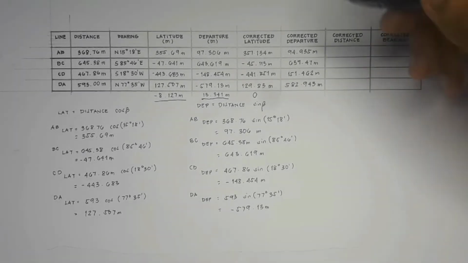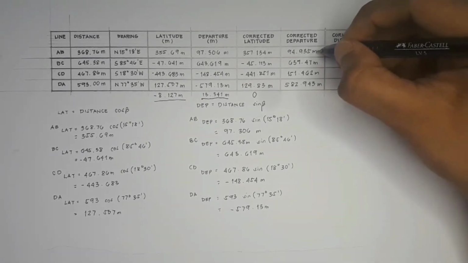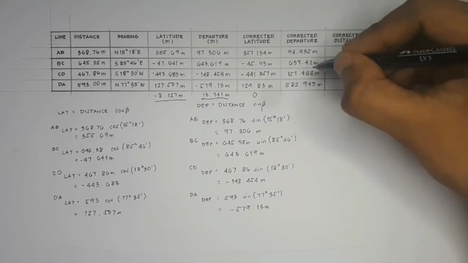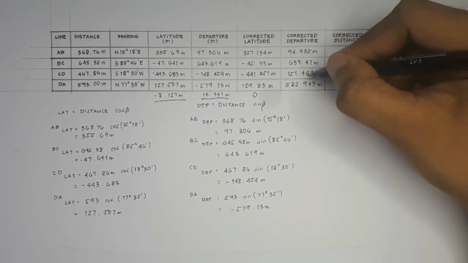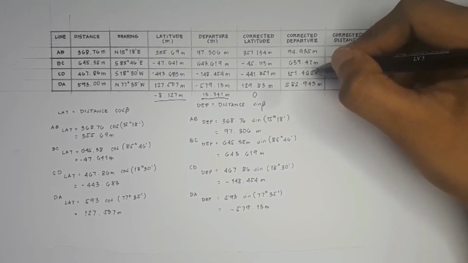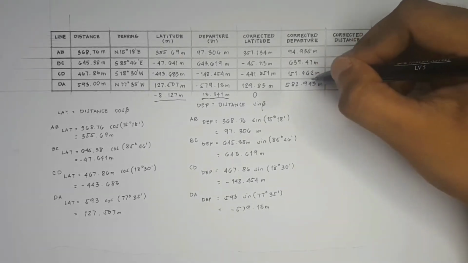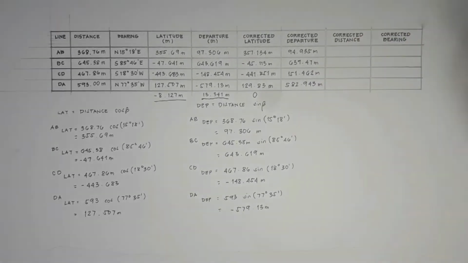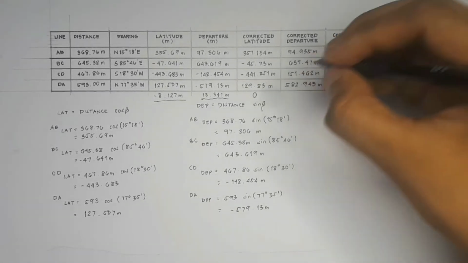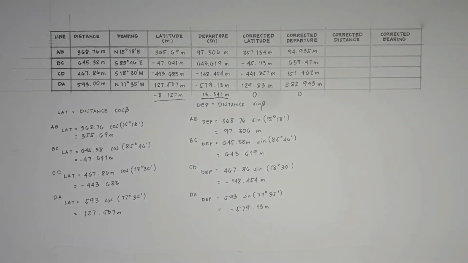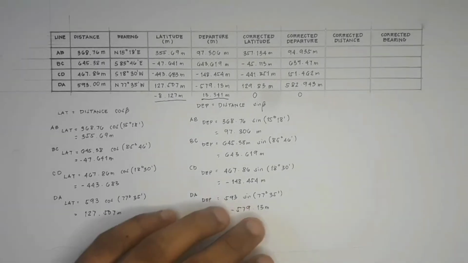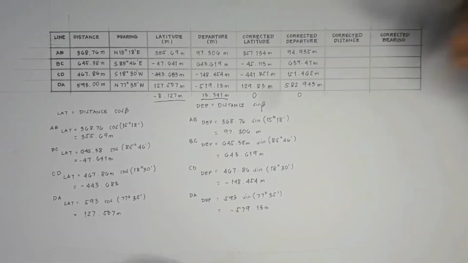We have 94.935 plus 639.47 plus 151.462 plus 582.943, and this equals 0. That simply means that we eliminated the error of closure for our departure.